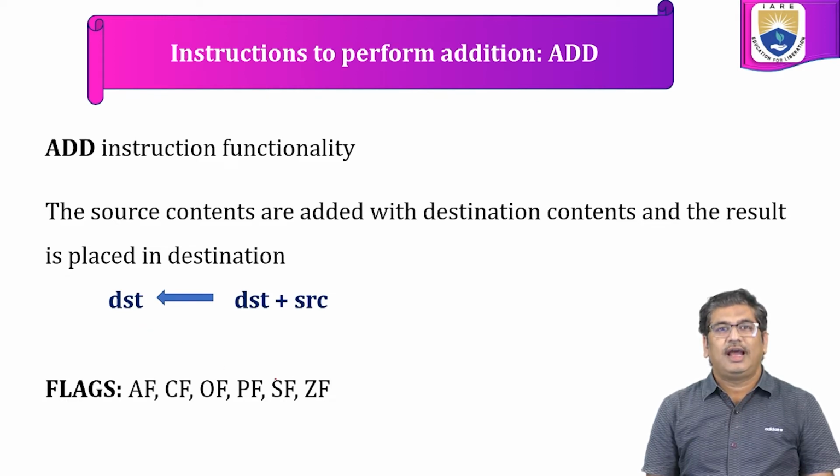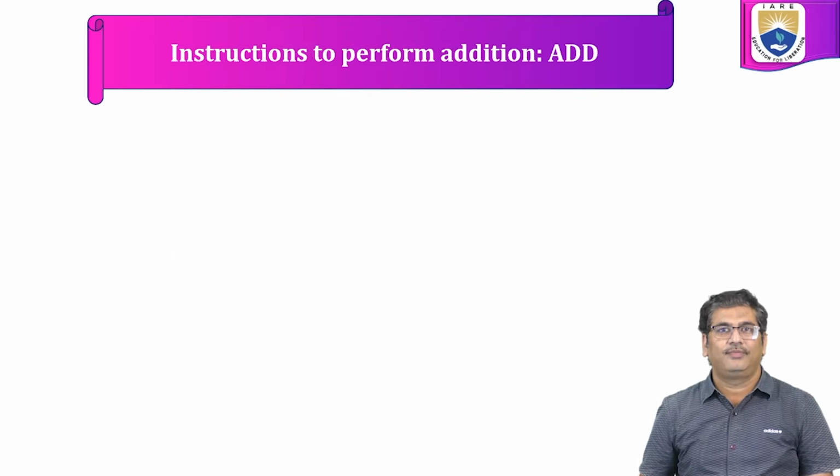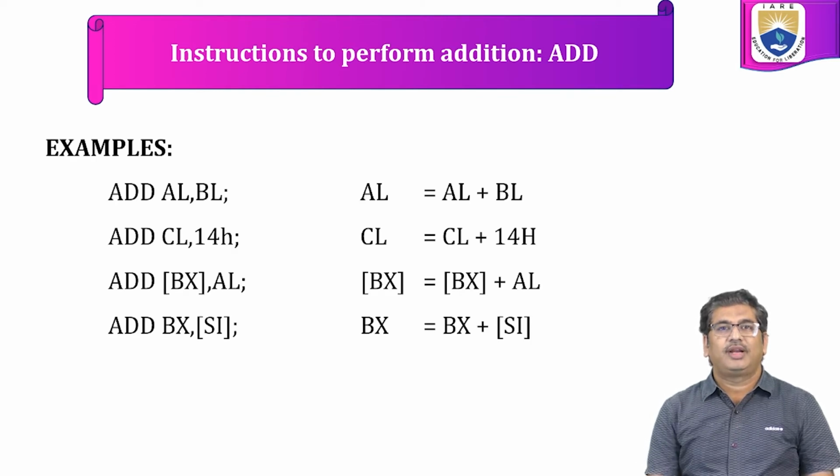After executing the ADD instruction, the flags affected are auxiliary flag, carry flag, overflow flag, parity flag, sign flag, and zero flag. A few examples related to the ADD instruction: ADD AL comma BL. Here the contents of AL register will be added with the contents of BL register.